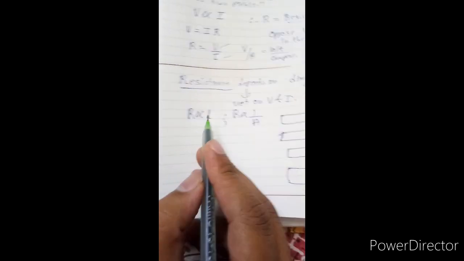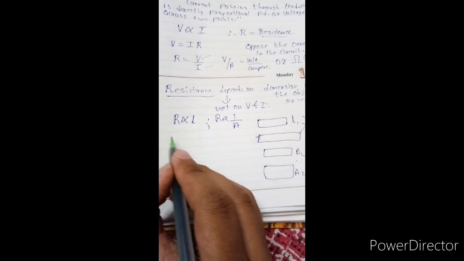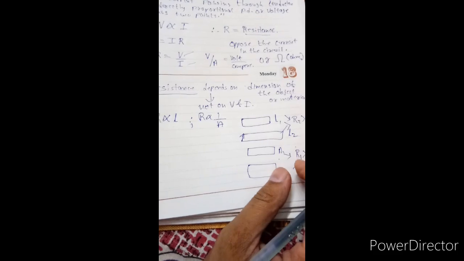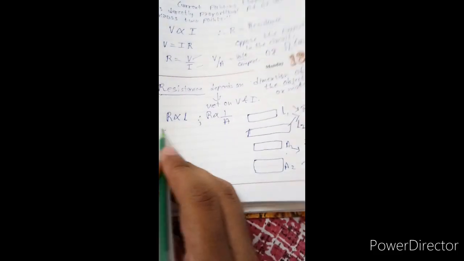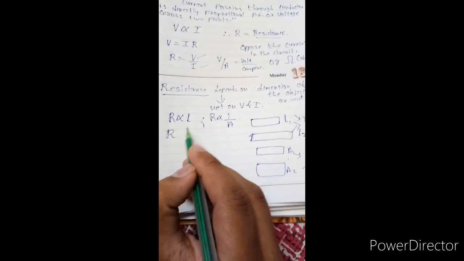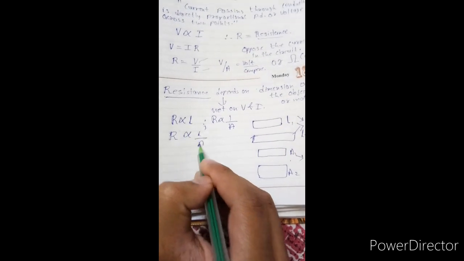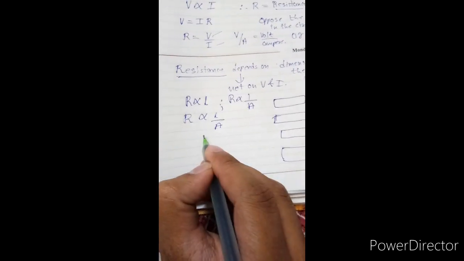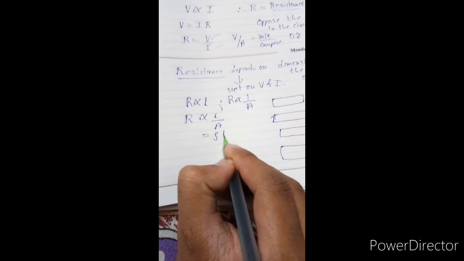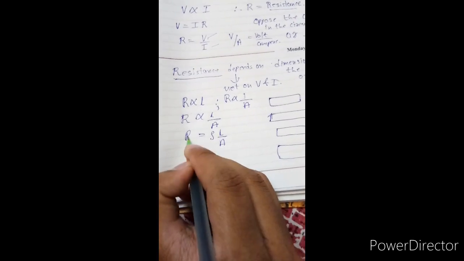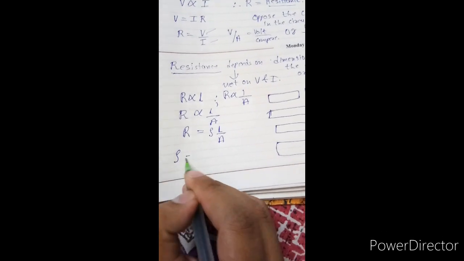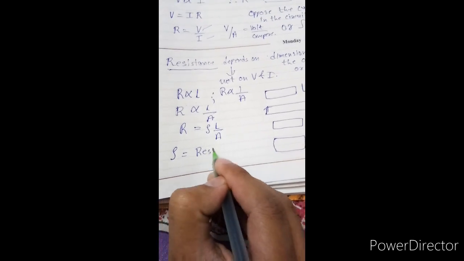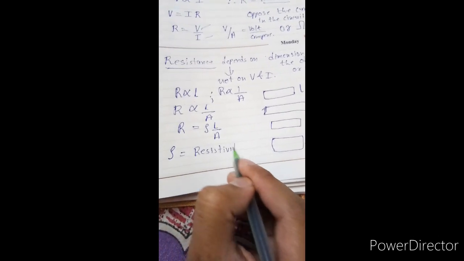And from these two relations, R proportional to L and R proportional to 1 upon A, he combined and derived the formula that R is proportional to L upon A. If we remove the proportionality sign, some constant we have to put, let this constant be this symbol, and this symbol is known as the resistivity of the material.